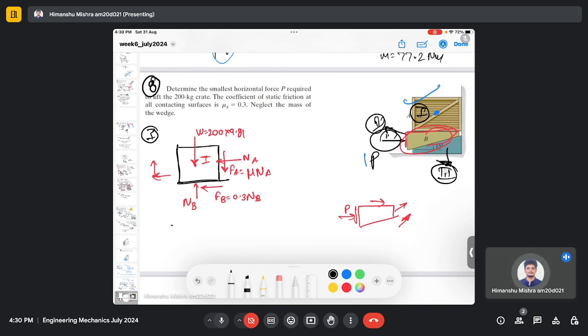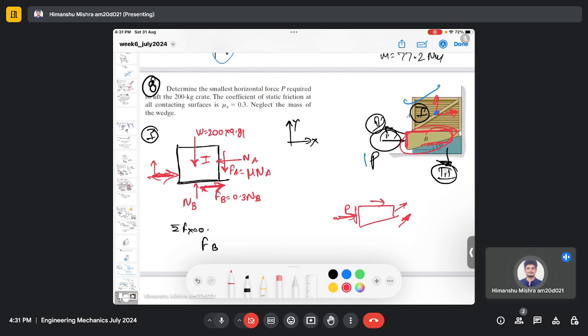If you do the force balance analysis in the x direction and equate it to 0, this is your Cartesian coordinate x and y. So Fb and Na are in the x direction. This friction should be in this direction, because this body will move here. If you are pushing this block B towards the right-hand side, this body will try to move to the right-hand side and in the upward direction.